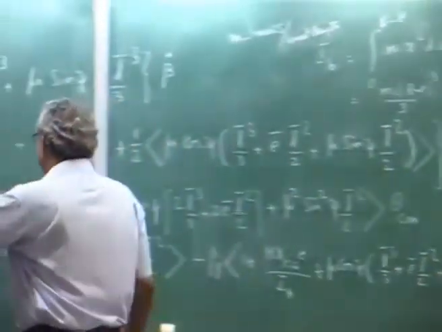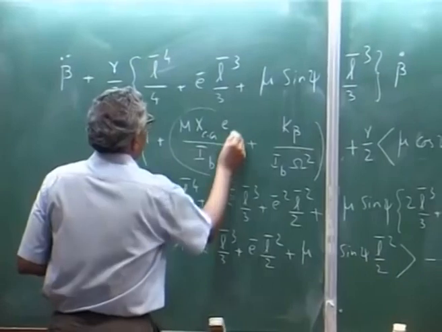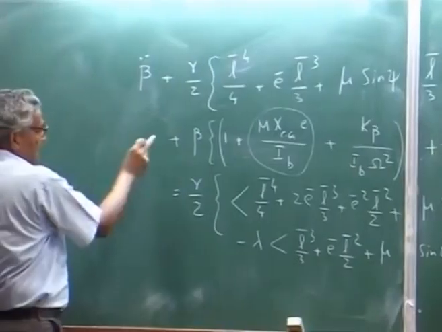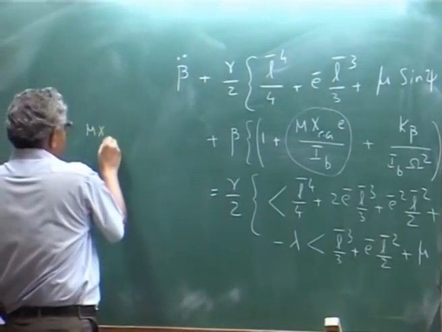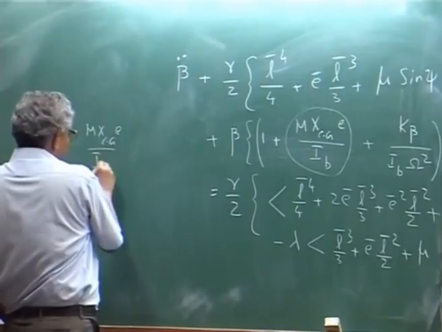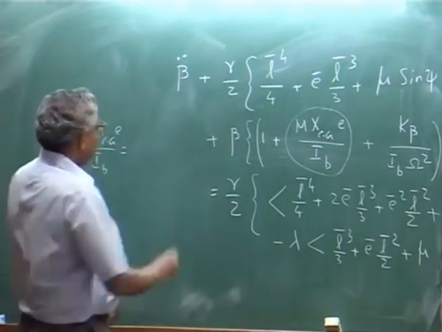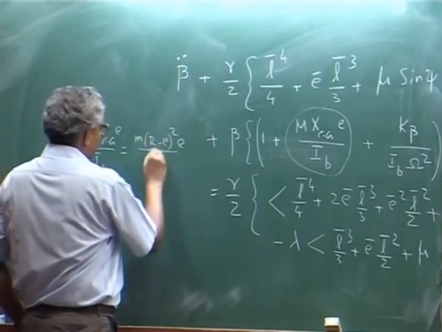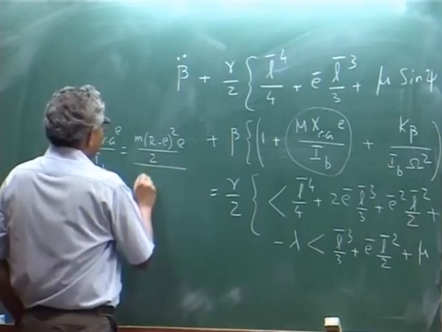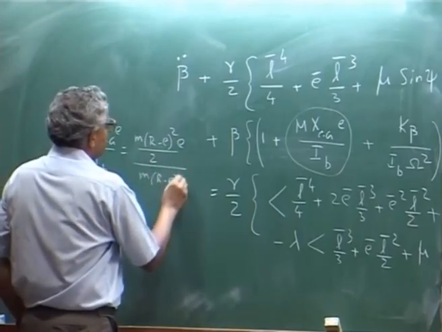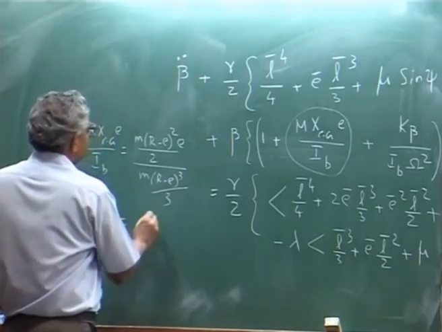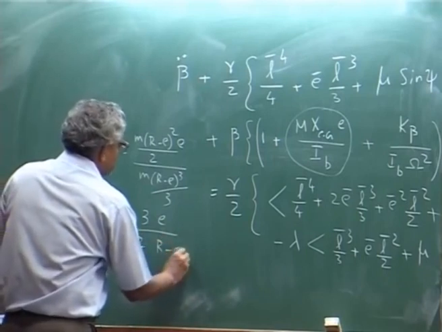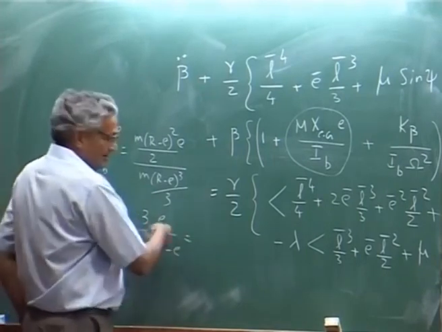Now, if I substitute in this place, that will be m x c g e over I b, which becomes m r minus e whole square e over 2 divided by m r minus e whole cube over 3. So, this will become 3 e over 2 r minus e, which you can write as non-dimensional.